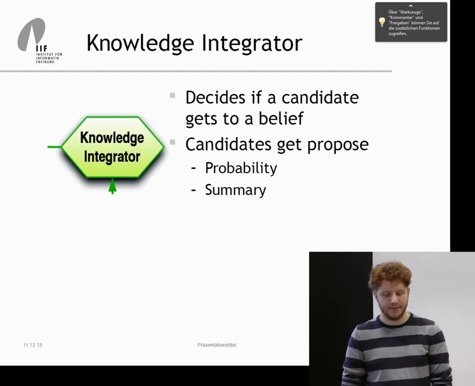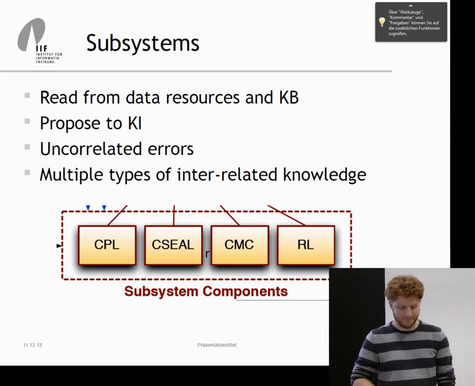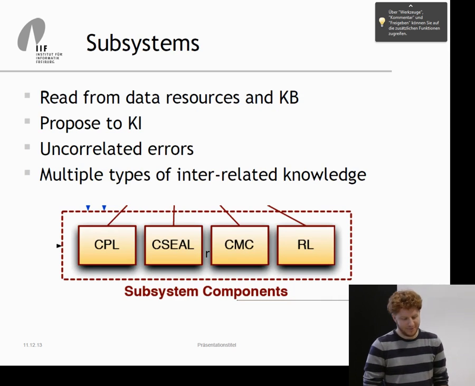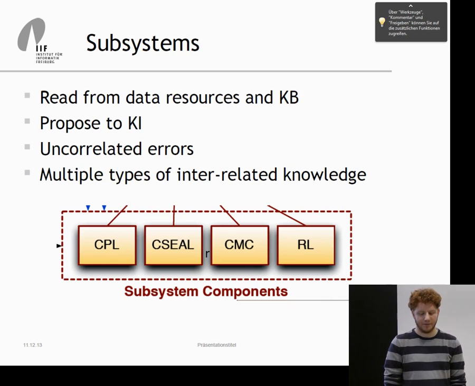For this, it gets candidates, which include the probability with which a candidate is assured, a summary which includes the reasons why a candidate should be a belief, and a formal definition of the candidate. The subsystems read from the data resources and the knowledge base, as I said before, and propose some candidates to the knowledge integrator.